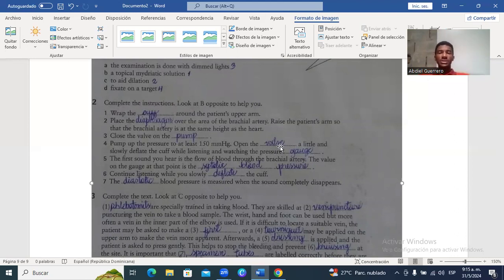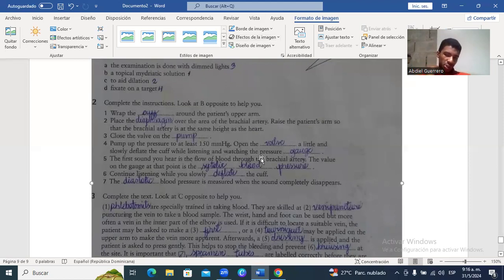Raise the patient's arm so that the brachial artery is at the same height as the heart. Close the valve on the pump. Pump up the pressure to at least 150.